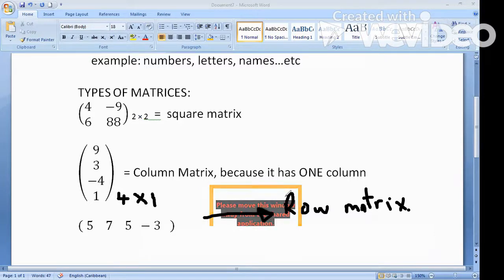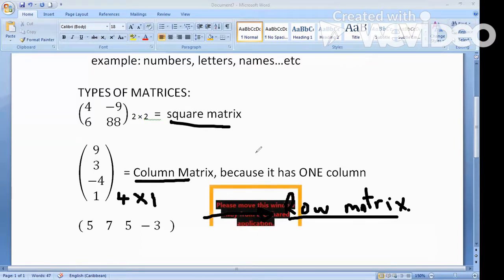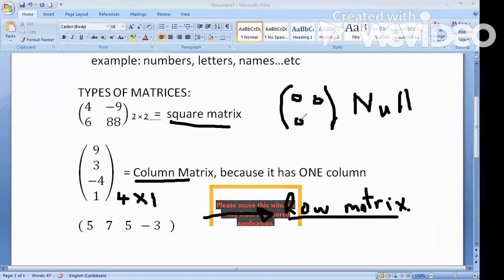All right. So we have what we call a column matrix, a row matrix, and a square matrix. We have a few others, but we're not going to go into that. We have something called a null matrix. A null matrix just means everything in here is 0.